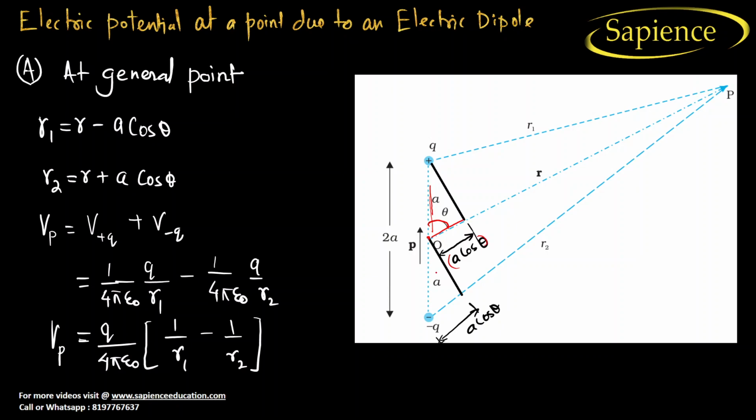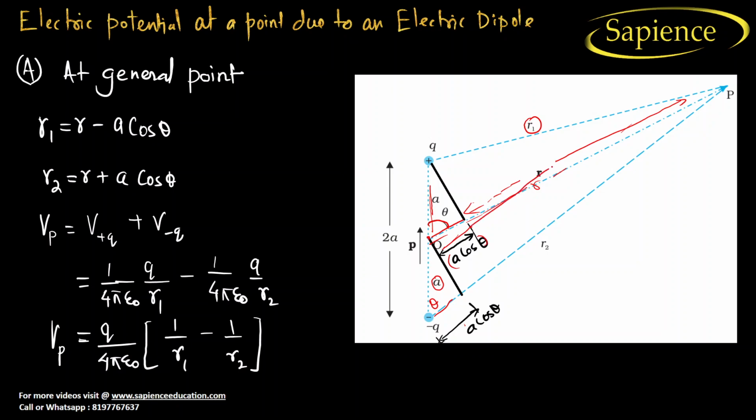Now there's another a, and this angle is again theta. So what will be this distance? A cos theta. Now see here, try to understand, this r1 distance is equal to this distance, yes or no? The total distance from this is r, and this distance is a cos theta.